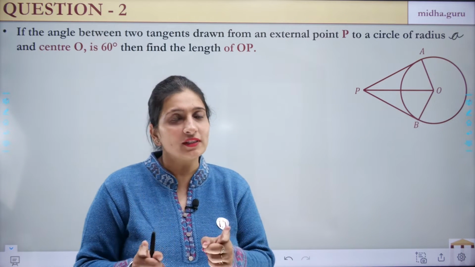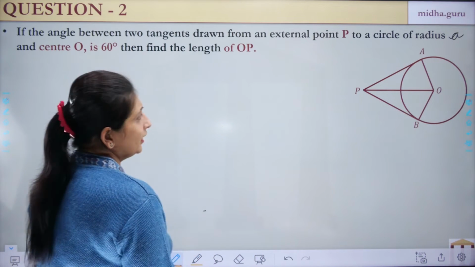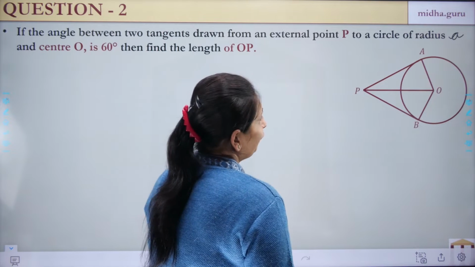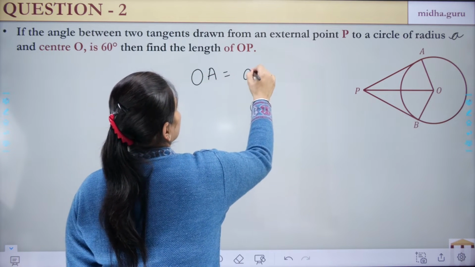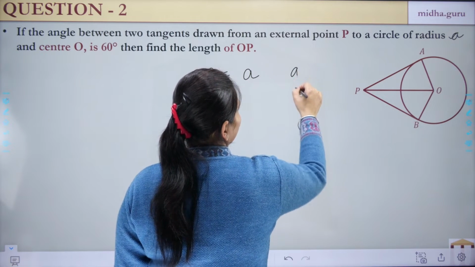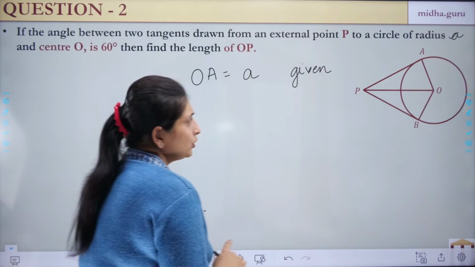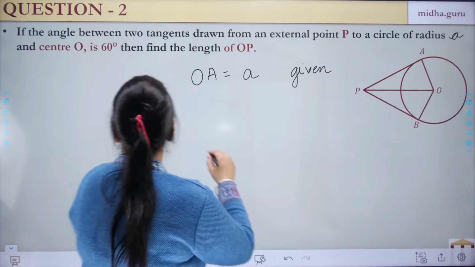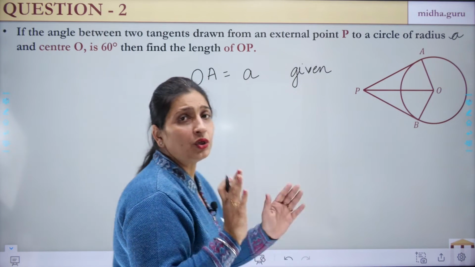Again, pause the video and just try to solve it. Okay? Now, what is given in the question, given is OA is A. This is given. Next, also we have been given angle APB is 90 degrees because it's given the angle between the two tangents.